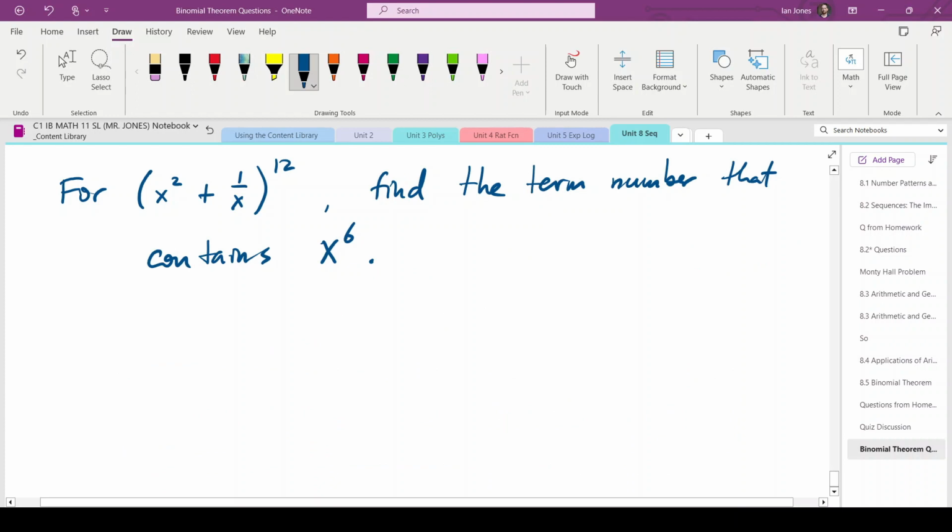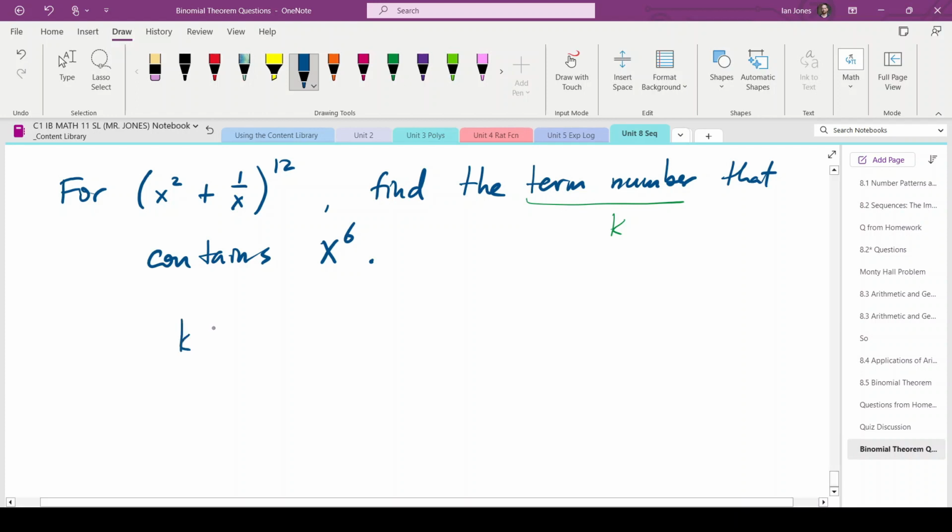In this question, we're given x squared plus 1 over x to the exponent of 12. And we're asked what's the term number that contains x to the exponent of 6? So we need to find k, and so we're going to focus in on using the formula for the kth term, even though we don't know what k is.